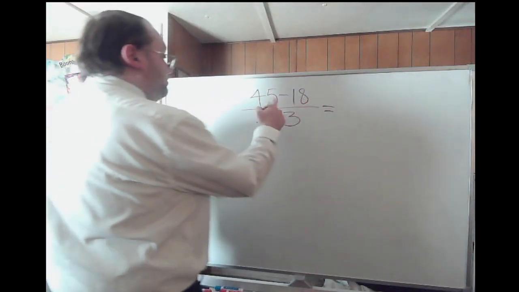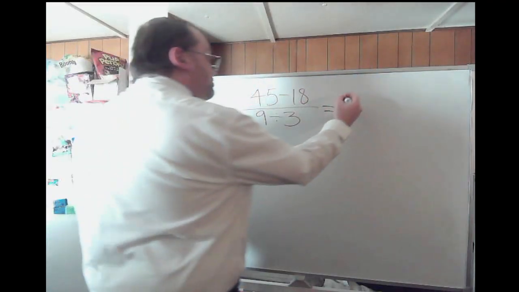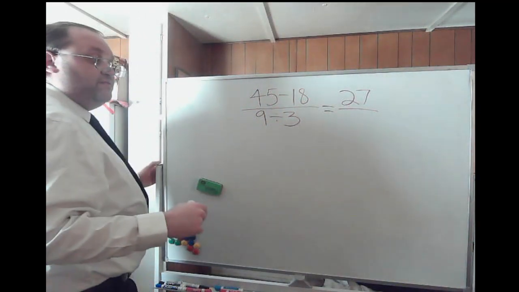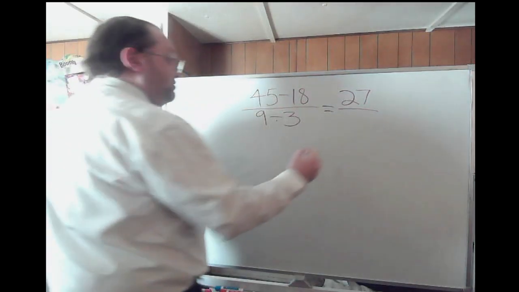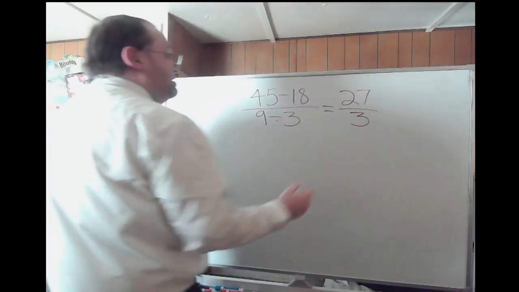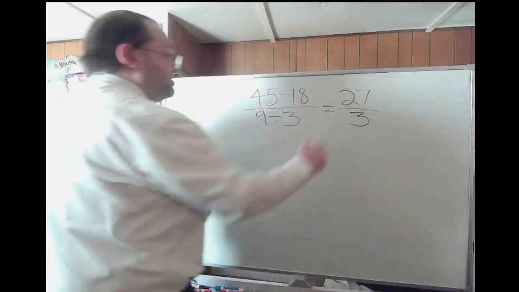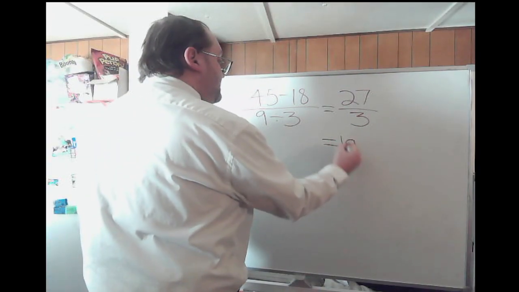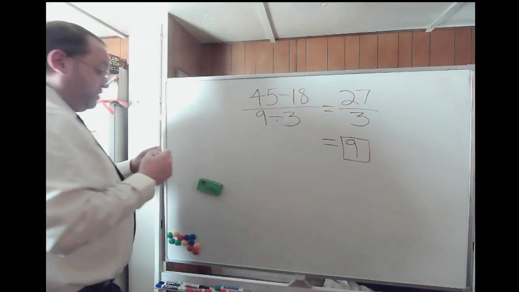The numerator, 45 minus 18, is going to be 27. What's in the denominator? 9 divided by 3, which is 3. So you're left with 27 thirds, which if you take 27 divided by 3, the answer you should get is 9. So the answer we're looking for here is 9.